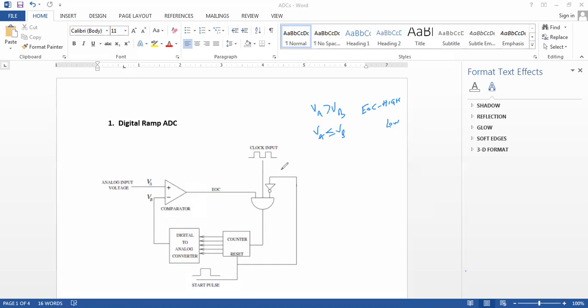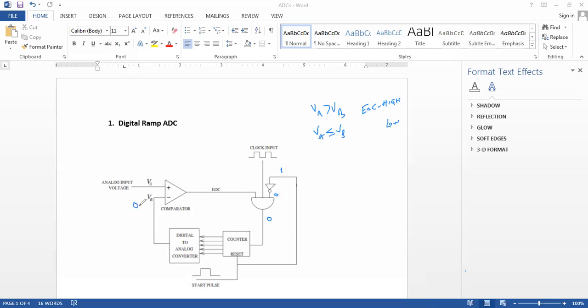At the same time, that 1 is an input to the NOT gate, and the output of the NOT gate will be 0. That means the output of the AND gate will be 0, since one of its inputs is a 0, and therefore it will not be able to clock the counter, and the counter will store a 0. That 0 is converted into analog form through the DAC, such that now our VB is 0.